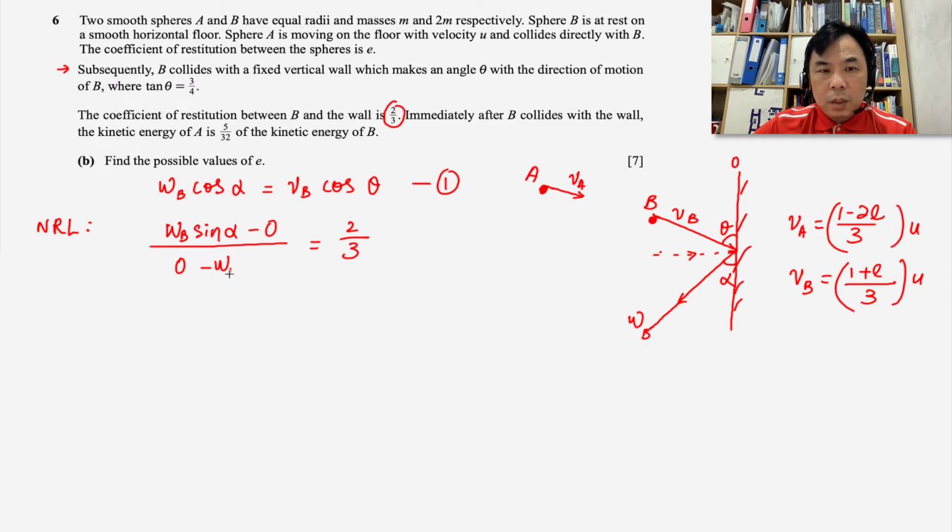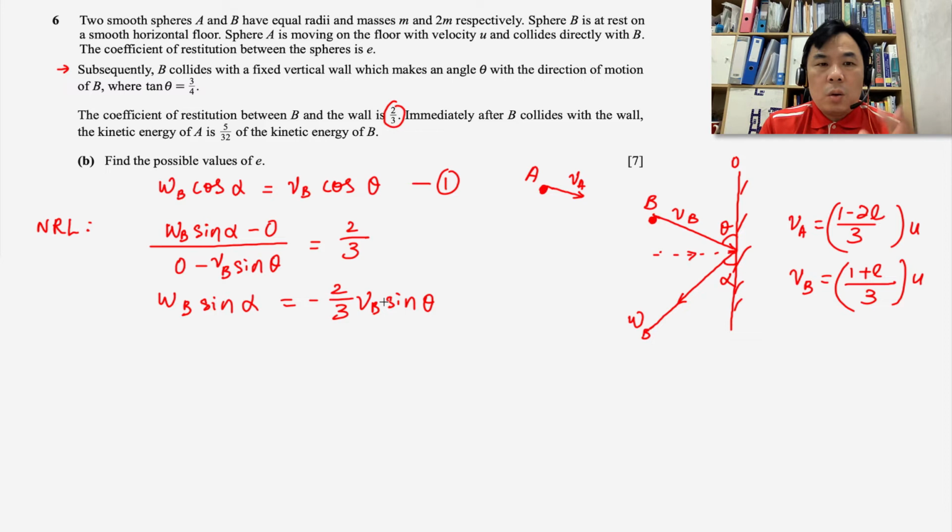Sorry, this is the initial velocity before impact with the wall itself, which is v_B sine theta. From here, you will notice that there is a negative sign. So we notice that W_B sine alpha is equal to negative 2 over 3 v_B sine theta.